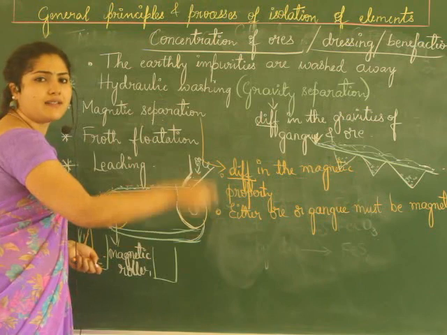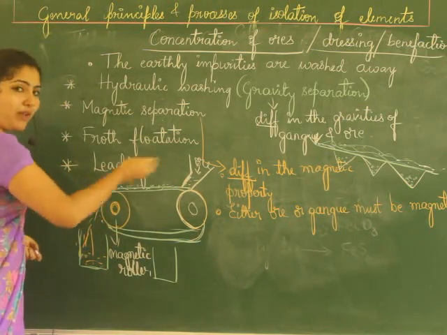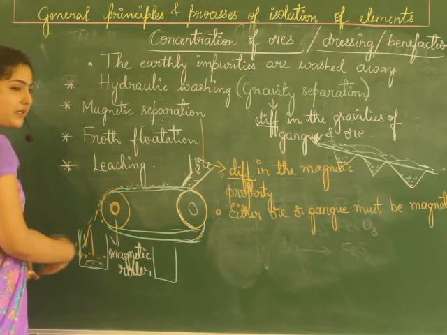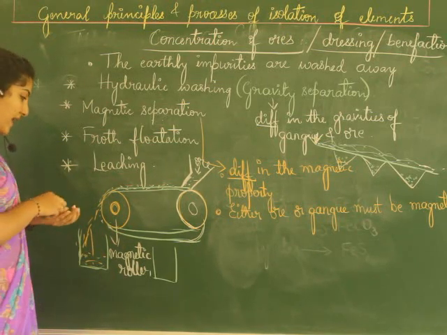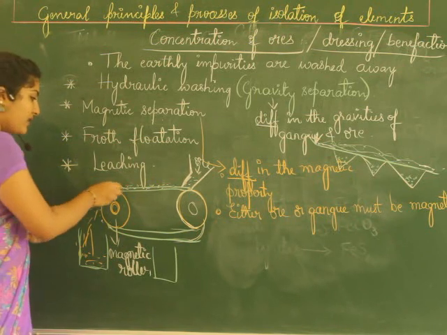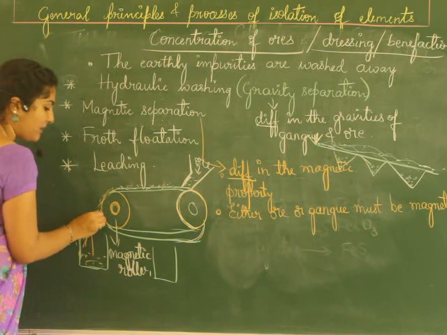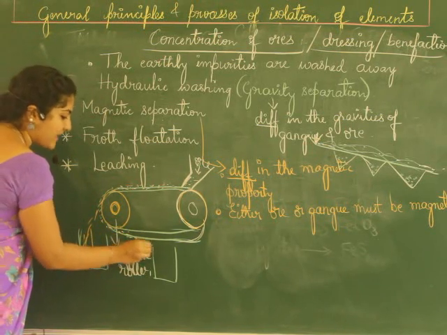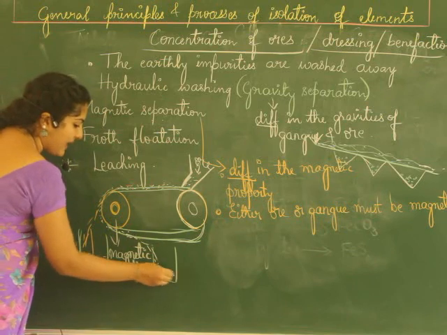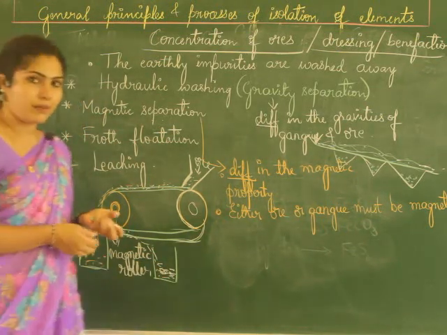When it rotates with a high speed, the gangue particles will be thrown away and get separated into a container placed away from the magnetic roller. Whereas the ore particles which are present get attracted by the magnet, move to some extent where they get attracted, and then get collected in one more container. Are you getting the point?